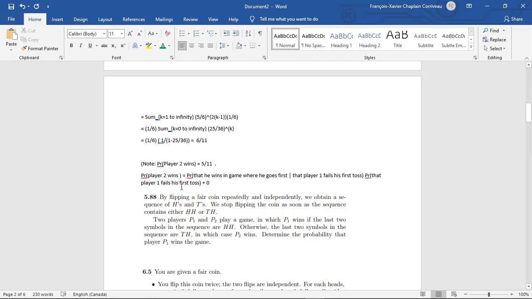This event can be split with respect to 2 events: either player 1 fails or succeeds. So it's the probability that he wins the game given that player 1 fails on his first toss, or the probability that he wins the game given that player 1 succeeds on his first toss.